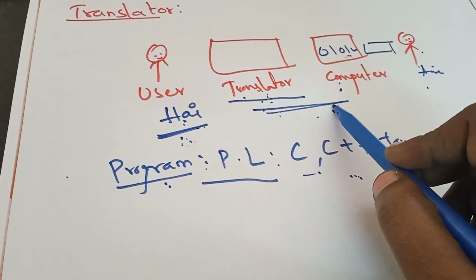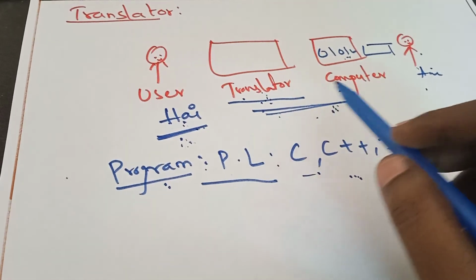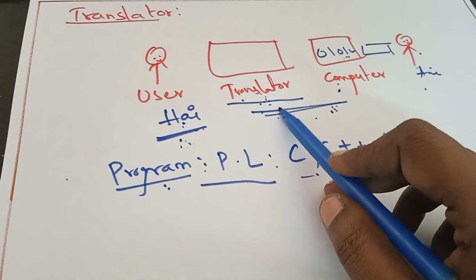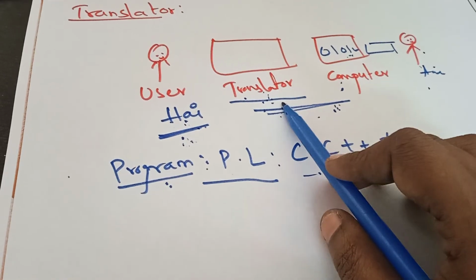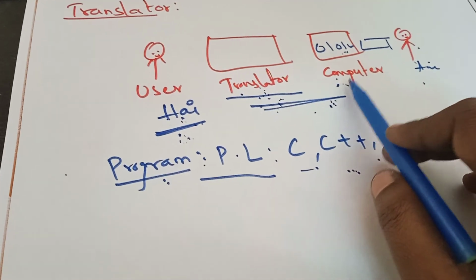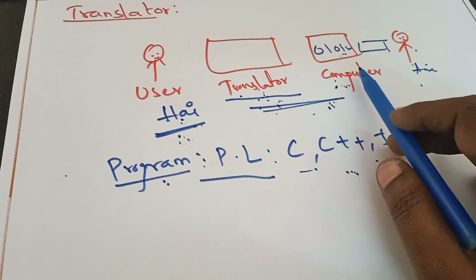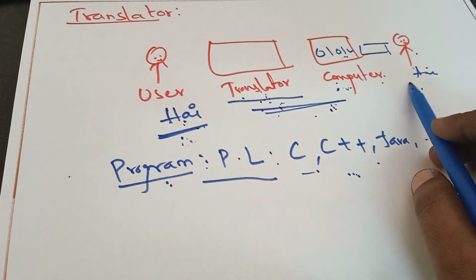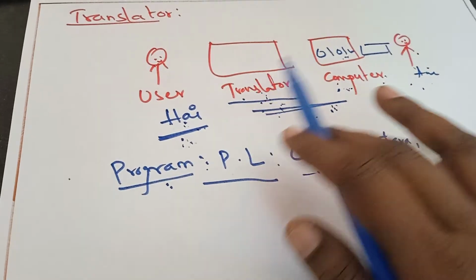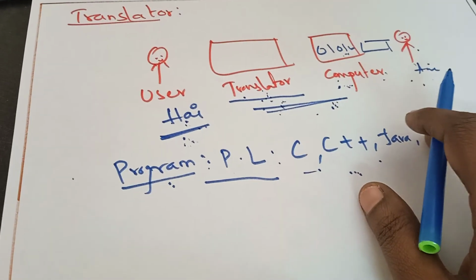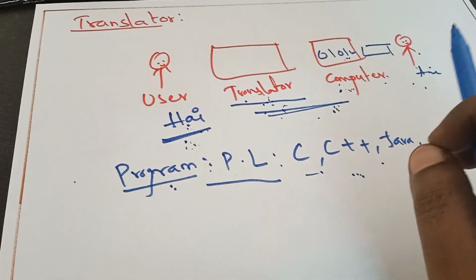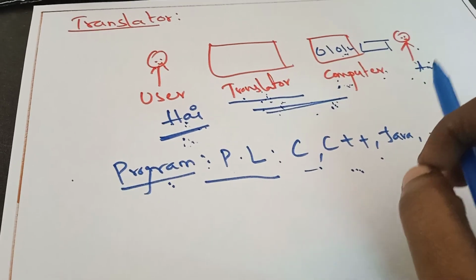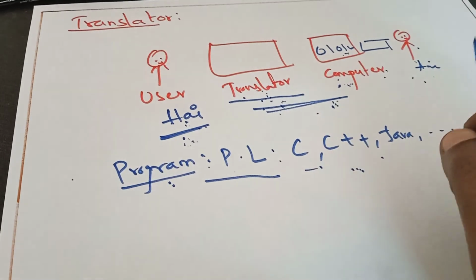Then the computer forwards the program to the translator, which translates it to machine-level language, and again it is given to the translator for conversion to user-level language. So this is the basic idea of programming: how the computer accepts the program and gives the output to the user.